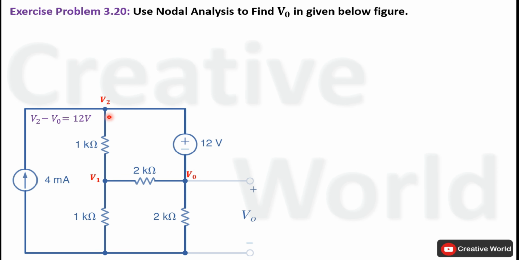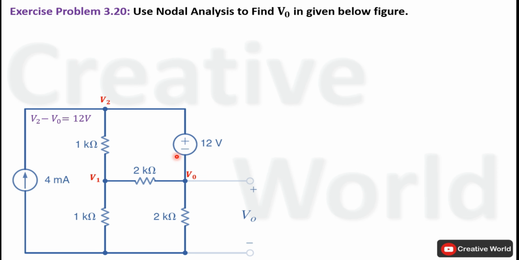The difference of these two node voltages will be equal to the voltage across this voltage source. Since this node voltage is at a higher potential than this node voltage, the direction of current through this branch will definitely be downward, leaving from node 2 and entering this node. So the current will be entering from the positive terminal of the voltage source. That's why we have taken the value of this voltage source with a positive sign.